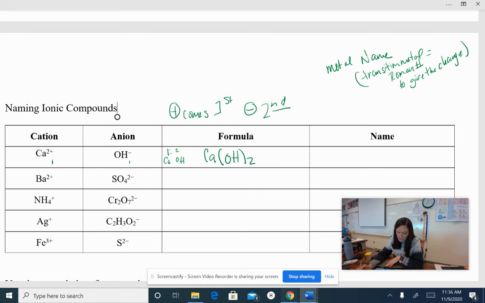But calcium is not a transition metal. Remember, it's an alkaline earth metal because it's in the second column. The transition metals are just that rectangle of metals in the middle of the periodic table, okay?